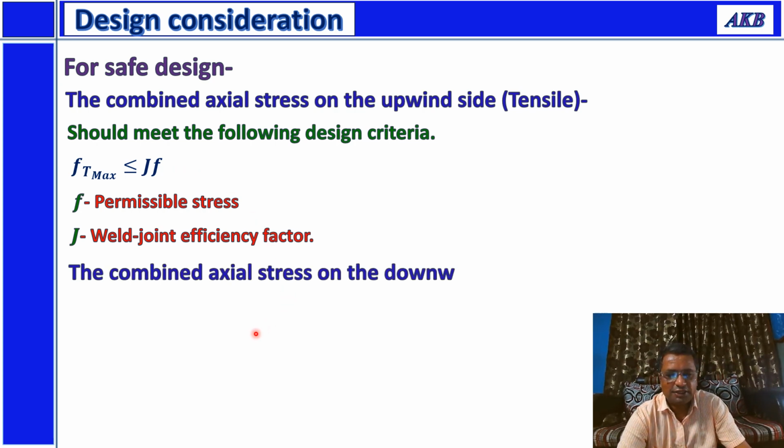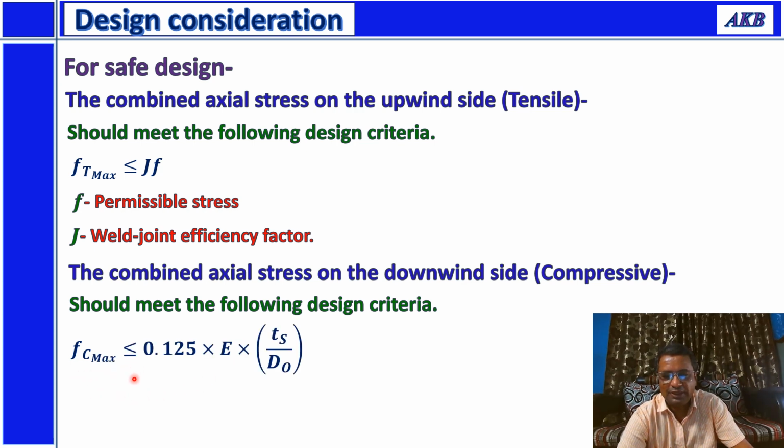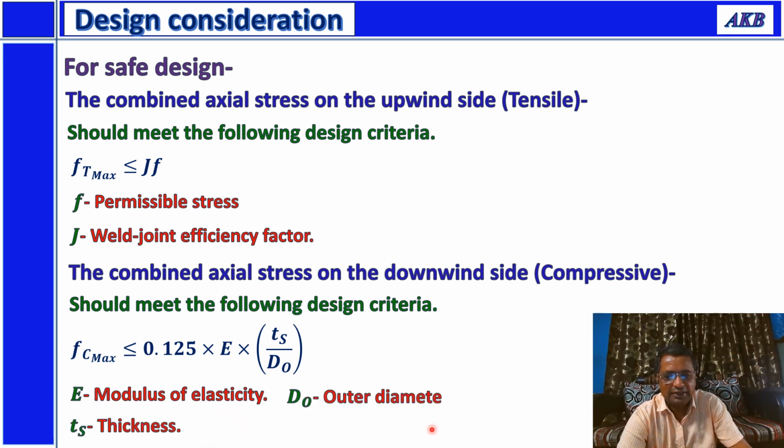The combined axial stress on the downwind side, that is compressive, should meet the following design criteria. What is the design criteria? FC max should be less than 0.125 into E into TS upon DO, where E is the modulus of elasticity for the material, TS is the thickness of the material, and DO is the outer diameter.